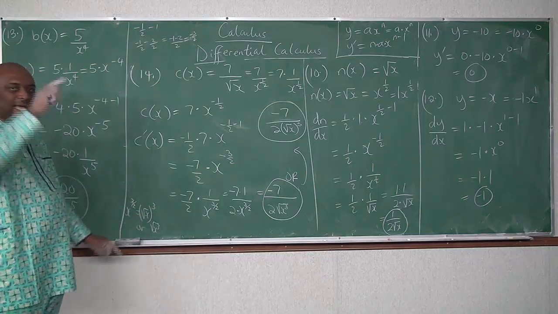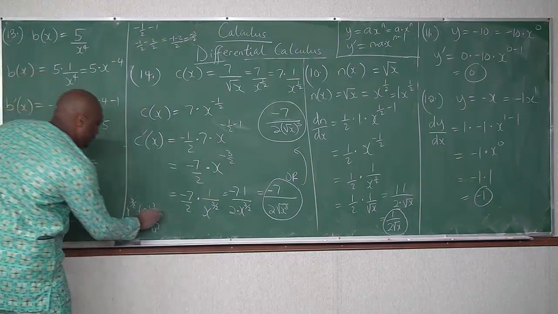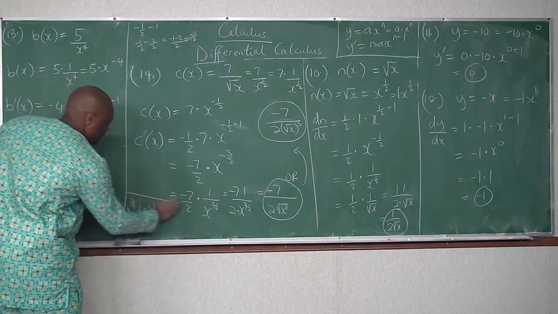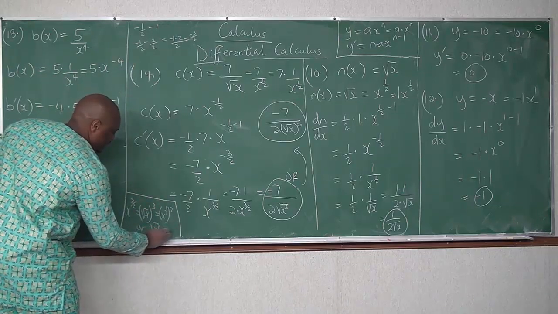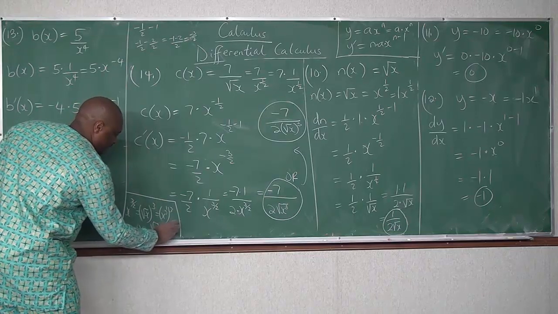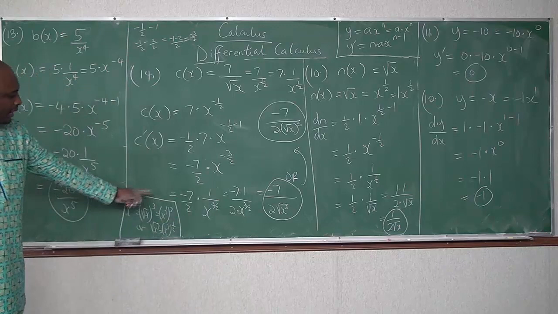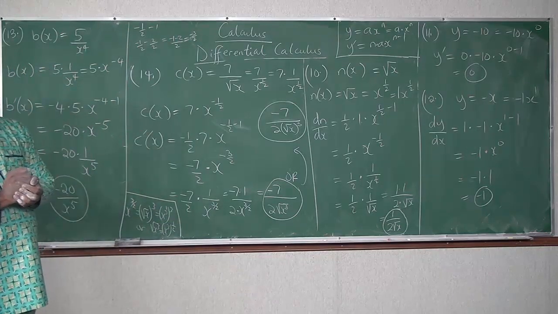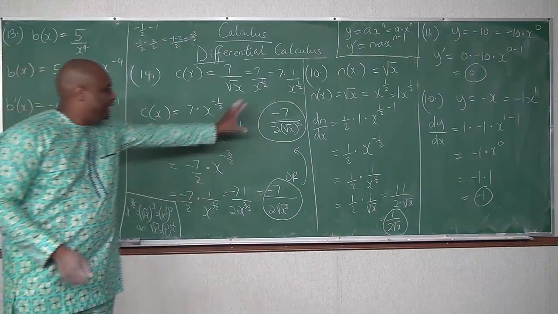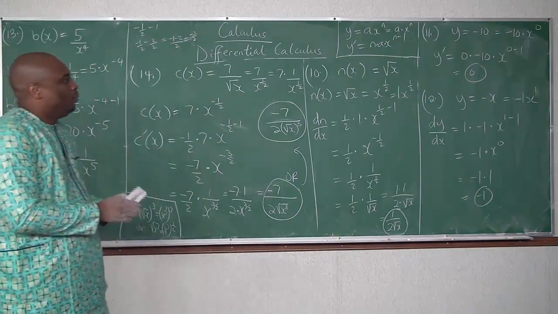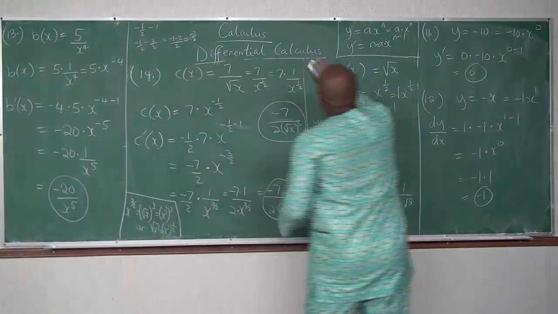Because this is x to the 1/2 times 3, and this one is x cubed then times 1/2. If you do any of them, it will give you x exponent 3 over 2. But please, you have to leave it in this form. You have to.